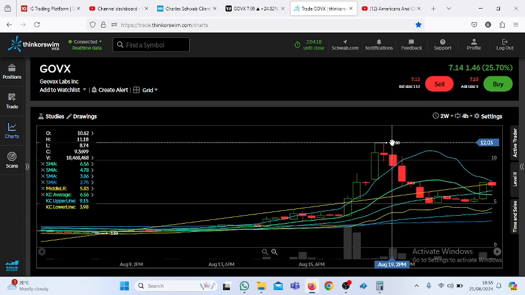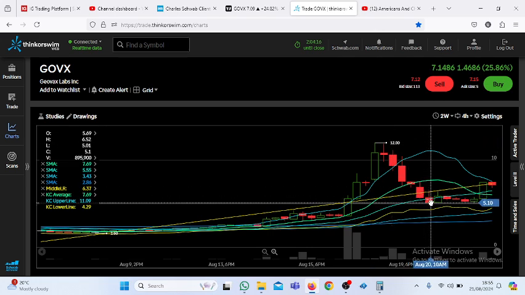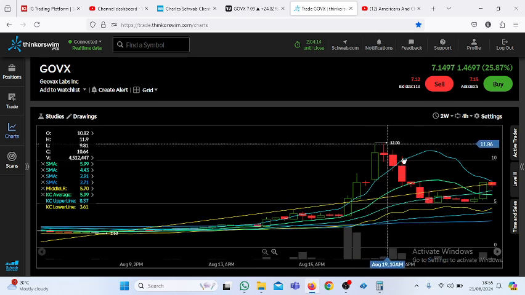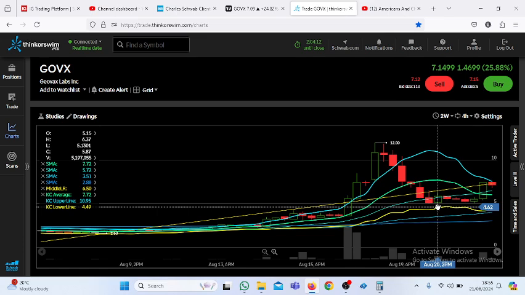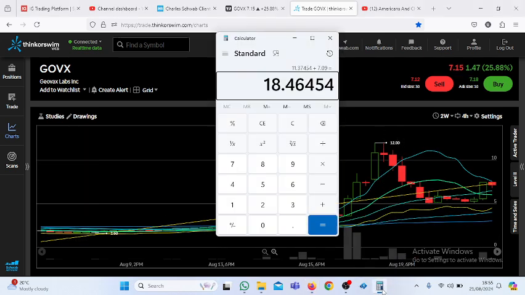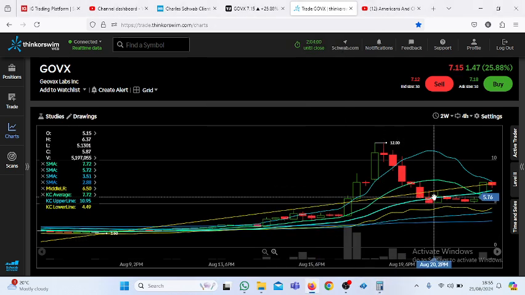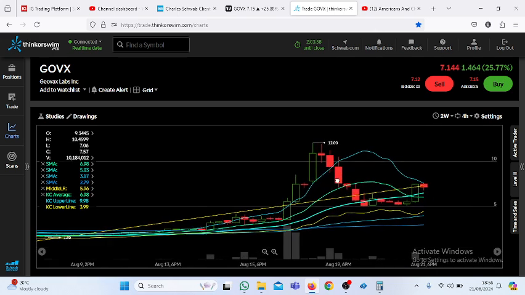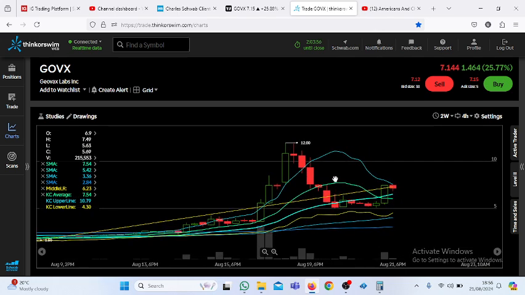So we subtracted the low of 4.97 from this high of $12, multiplied that by 1.618, and added it to the current price, and that's how we obtained this projection of 18.46. There's absolutely no guarantee that will happen. The odds of that happening are absolutely remote, but yet within all of that remoteness lies some tangible reality.